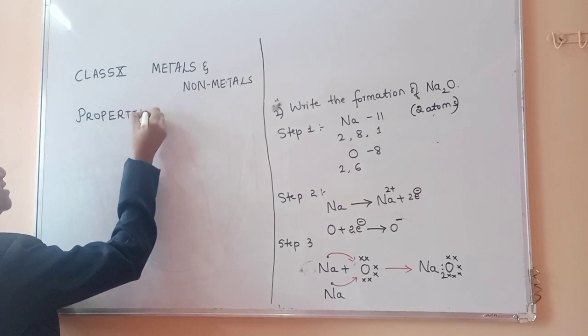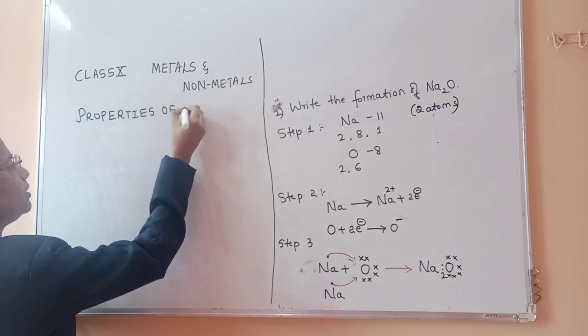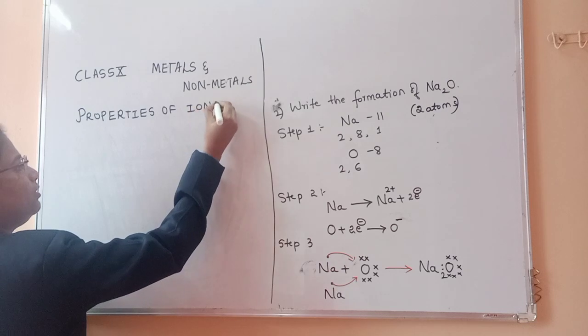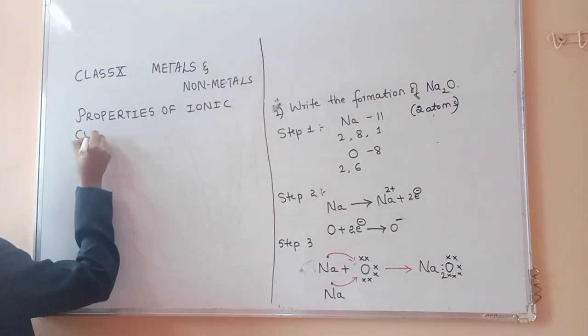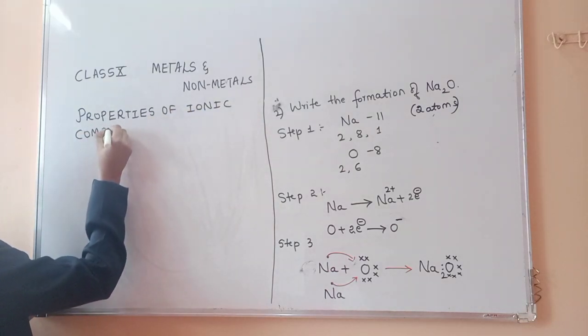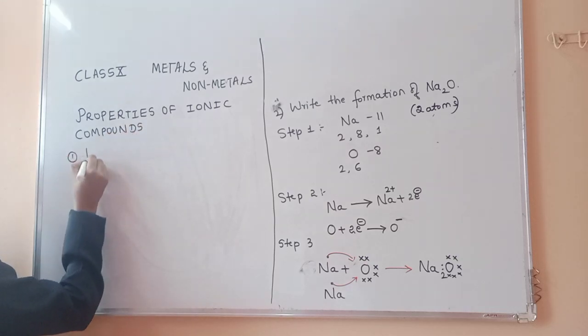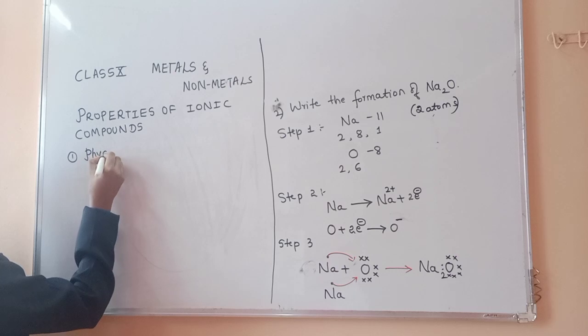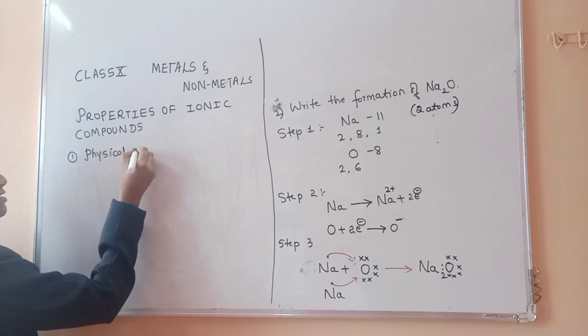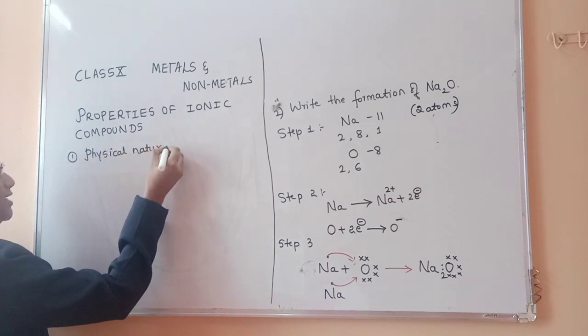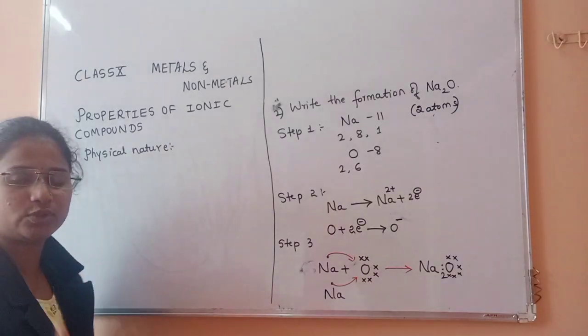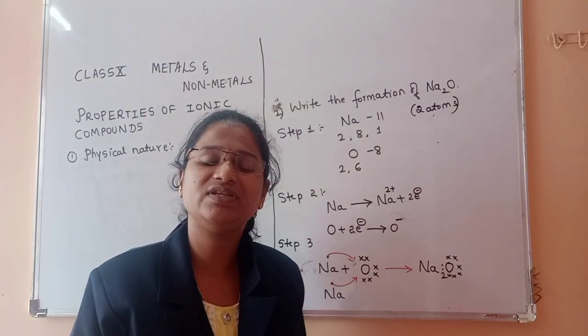Okay. So let us discuss the properties of ionic compounds now. The first one is physical nature, meaning how they are. For example, let us take sodium chloride, which we use daily.